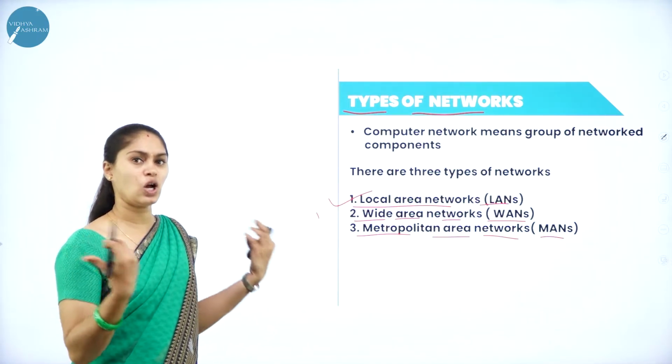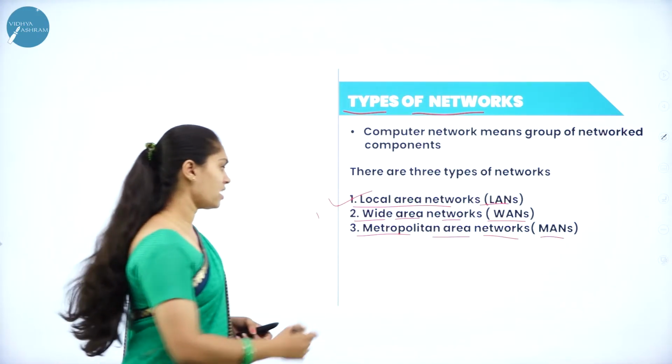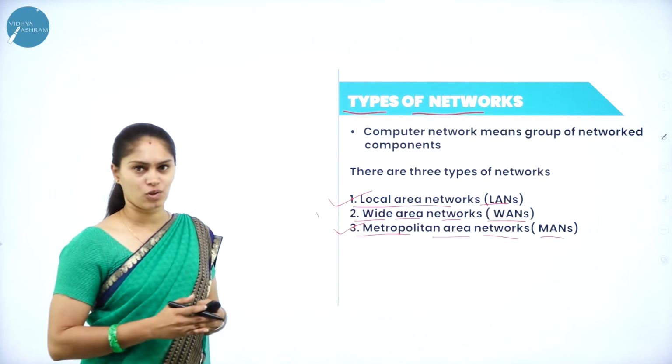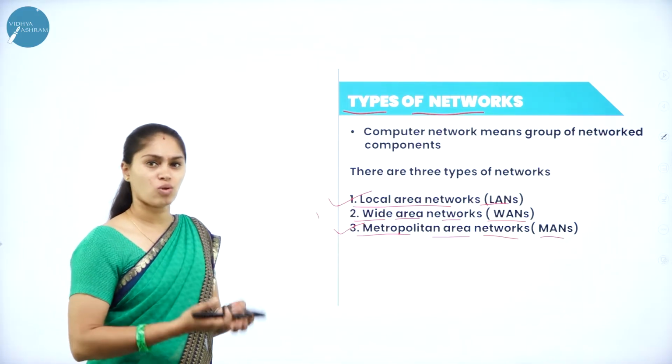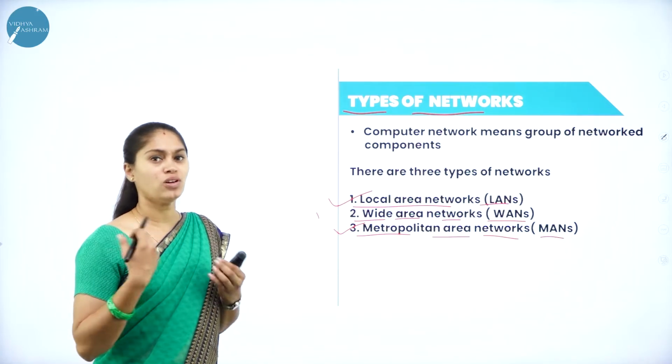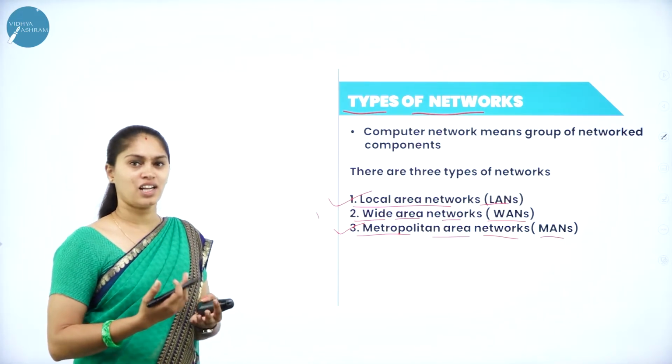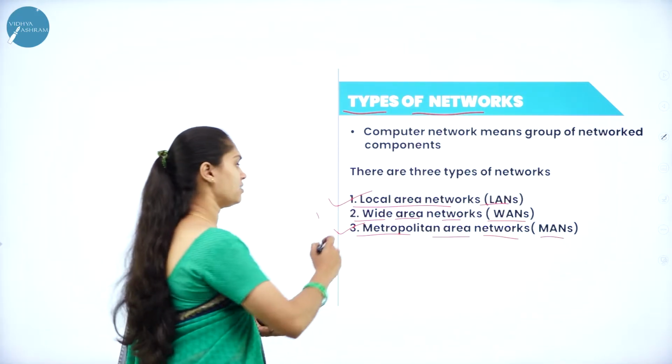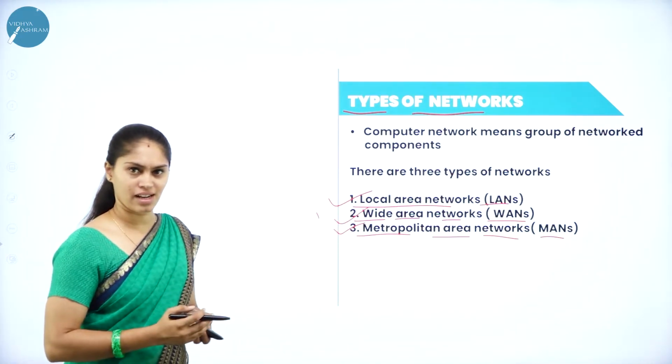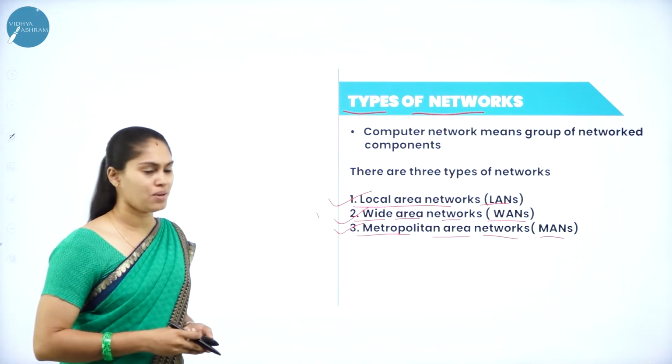If it spreads over a particular city, that is a metropolitan area network. If the sharing of resources or spreading of data and information is over the globe, then that is what? Wide area network.